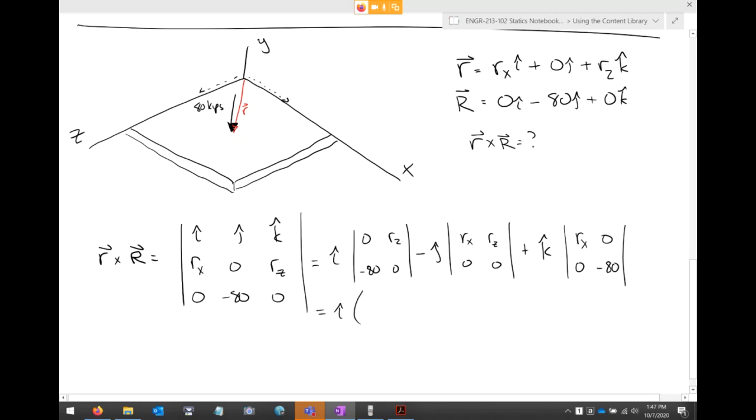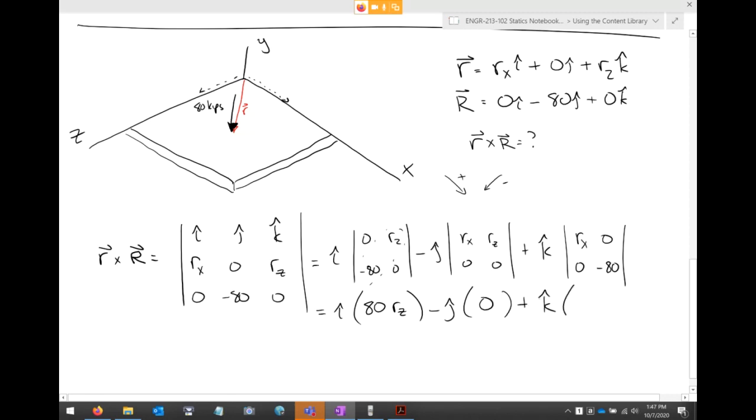And so we do our 2 by 2 determinants, right? So we do our products that way, which are positive, and then that way, which are negative. So we get 0 and then minus that, but that's positive because negative times negative is positive. So I'm getting 80 RZ, right? Minus J, and I'm getting 0 there because both of those products are going to give you 0.